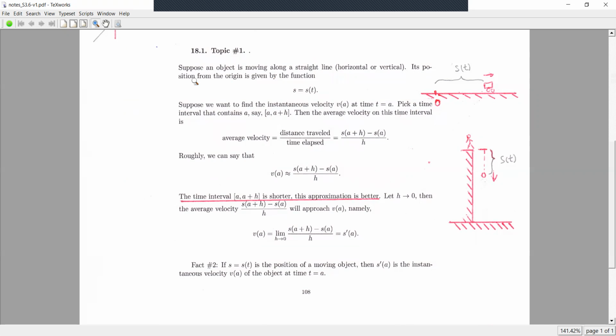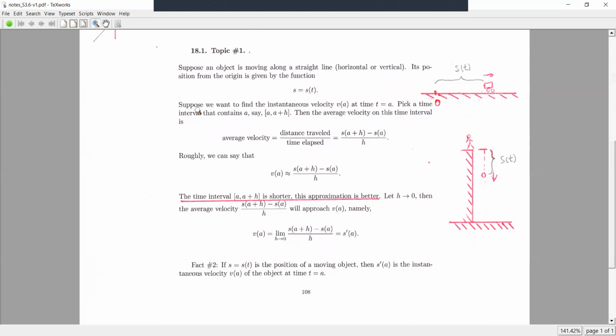Suppose the position of the object from the origin is given by this function. Between the origin and the car, the distance is s of t. Between the top of the building and the ball, the distance is s of t. S of t is the position of the object at the time t.